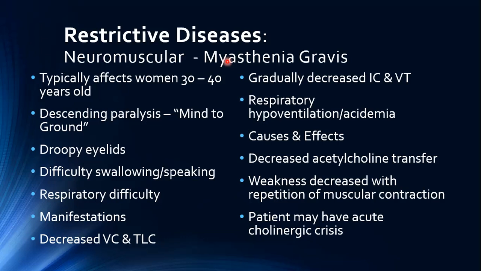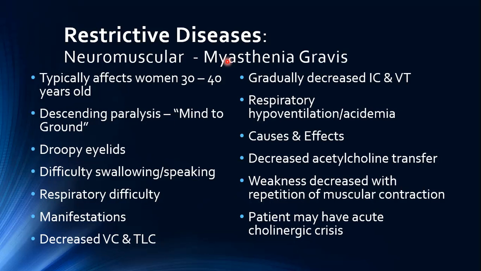And so when you think about that, if I have a patient that we know has myasthenia gravis, we know he probably has a decreased acetylcholine transfer in the synapse, right? For some reason, the acetylcholine is not flowing back and forth like it's supposed to.